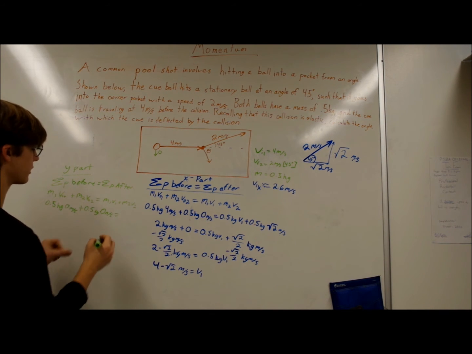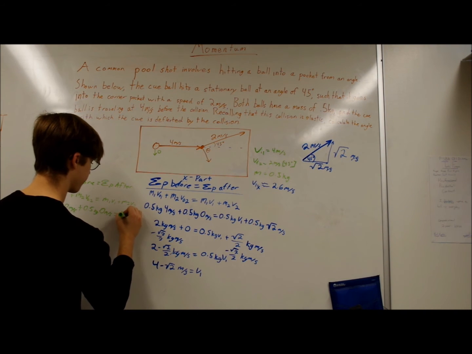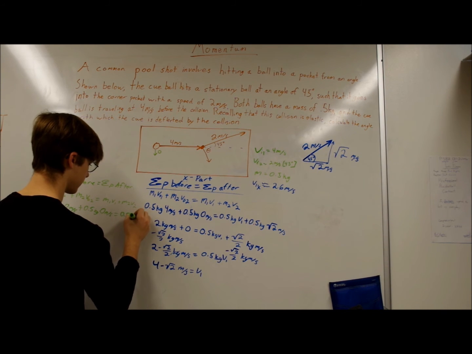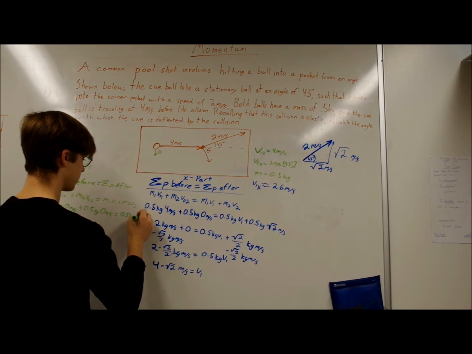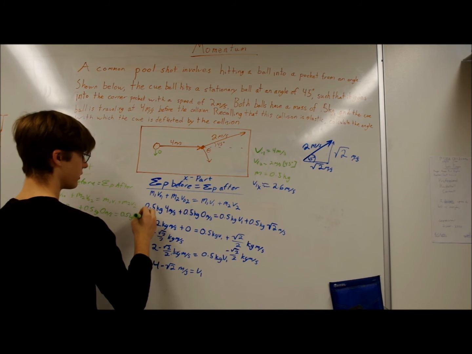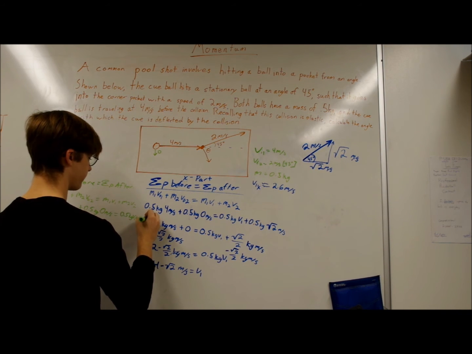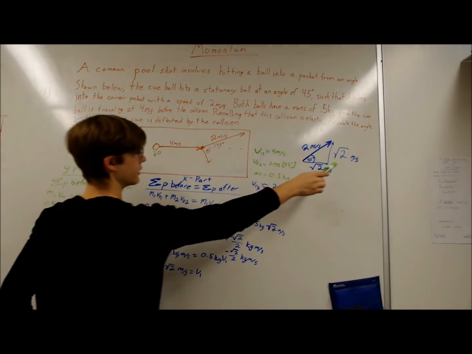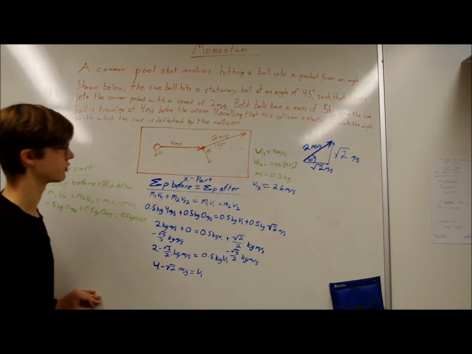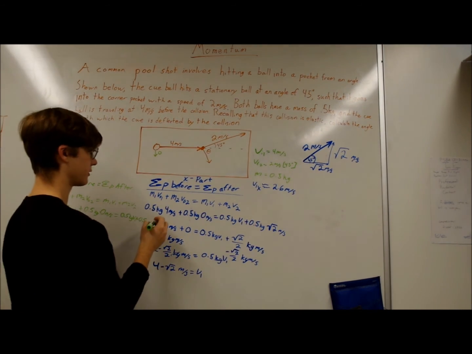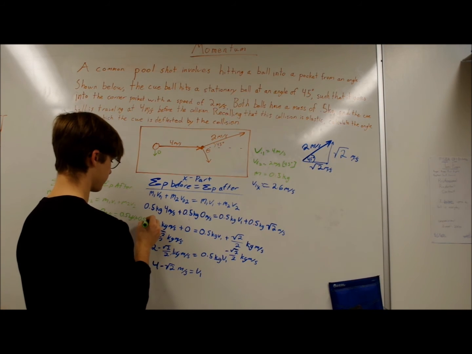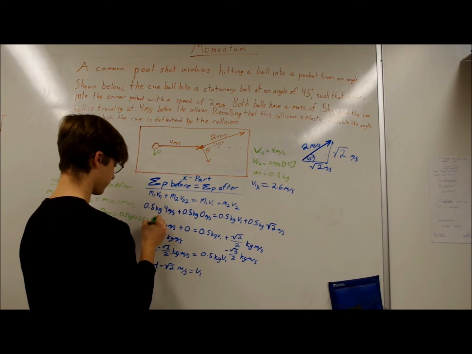In the after part, the mass is half a kilogram times the velocity of 1 plus half a kilogram times the velocity in the y direction, which we know is 2 meters per second, or square root of 2 meters per second.